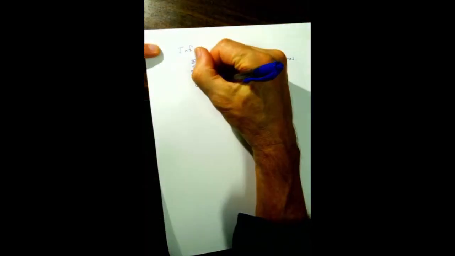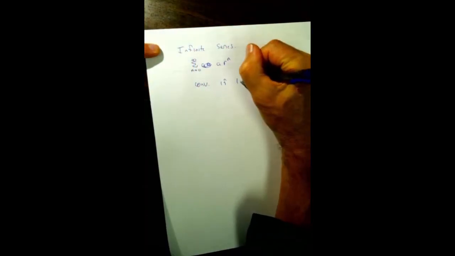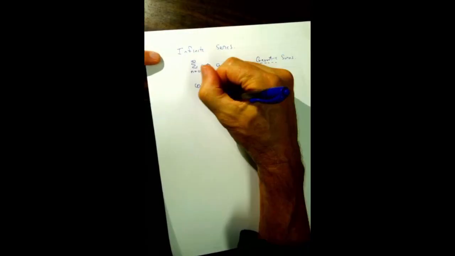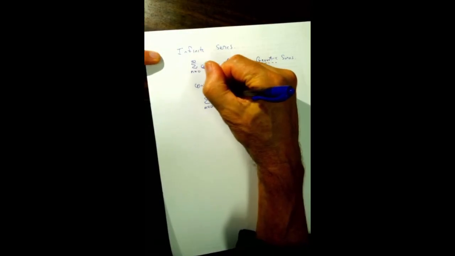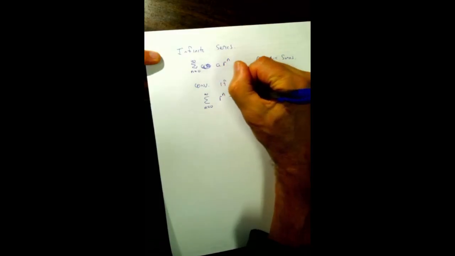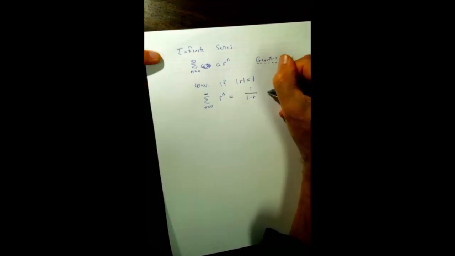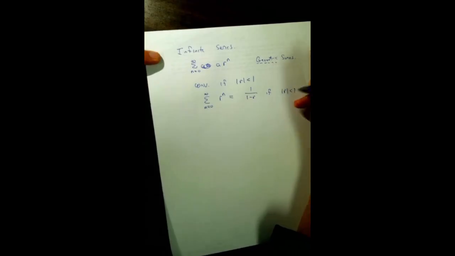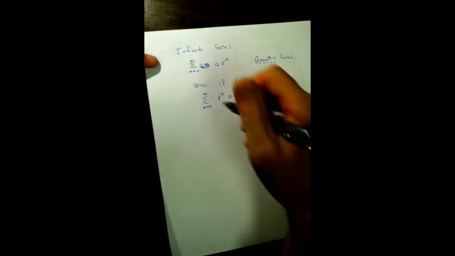And you should be kind of curious if this has anything to do with a geometric distribution. You might be right. And you should recognize that this is going to converge if the absolute value of r is less than 1. And this is going to converge to 1 over 1 minus r if the absolute value of r is less than 1. But you're going to have to be careful because that 0 is going to be very important.